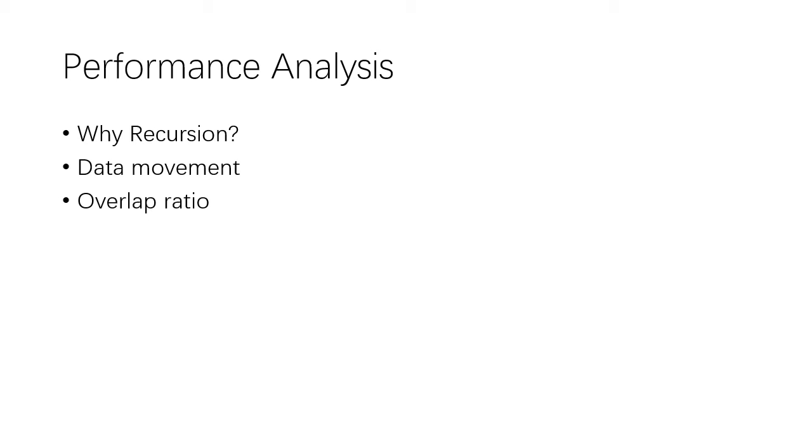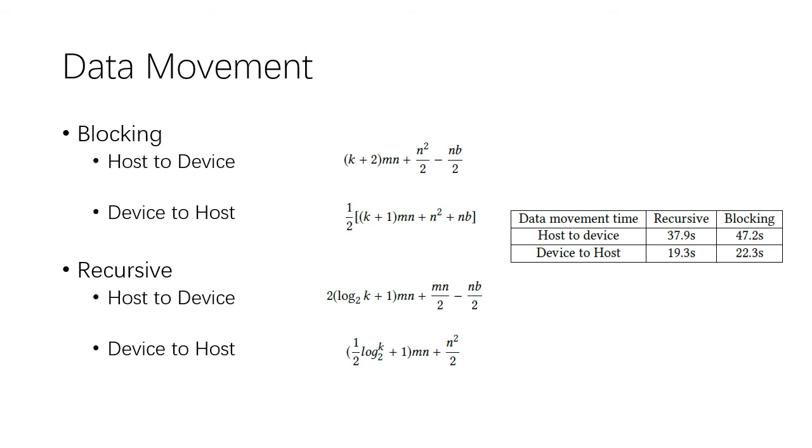In the next section, I'll give some performance analysis to show why the recursive strategy is better when we are using TensorCore. The first thing we are caring about is data movement because lots of time will be spent when we are doing out-of-core computations. We did a simple calculation of the data movement from device to host and host to device. Here are the results. M is the number of rows and N is the number of columns.